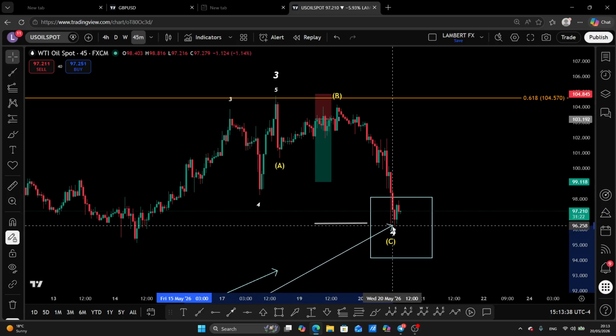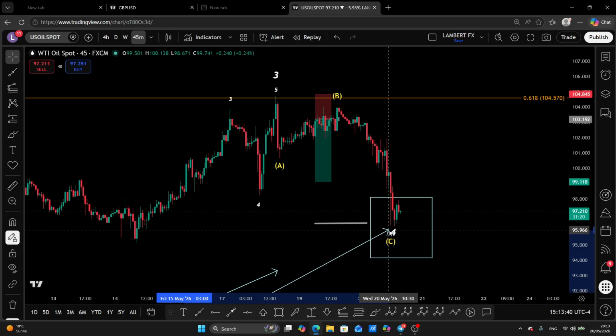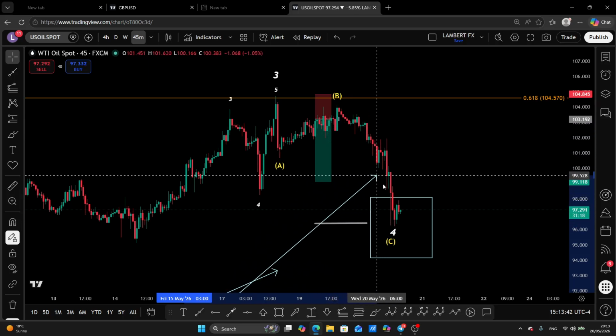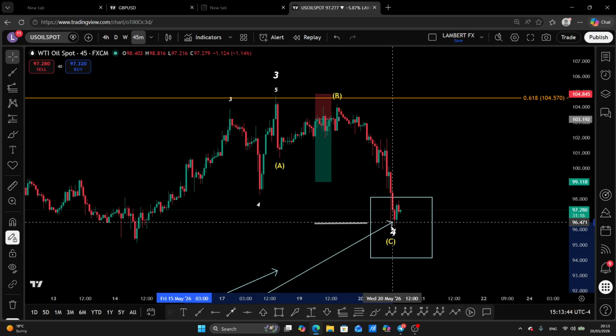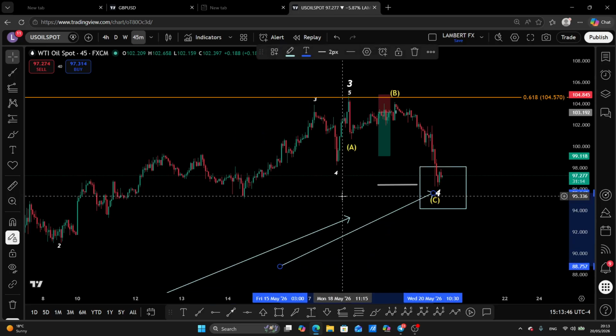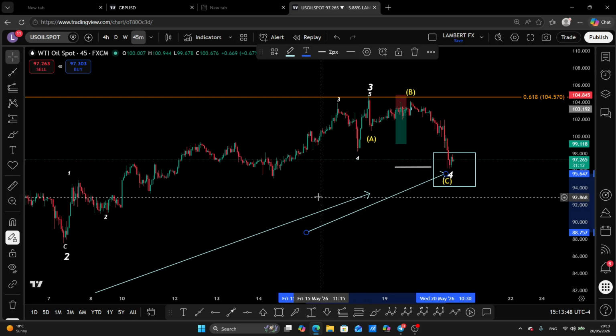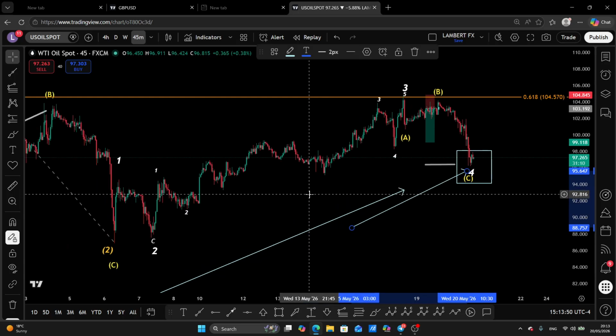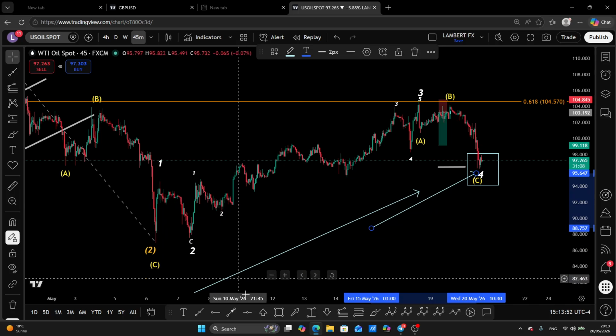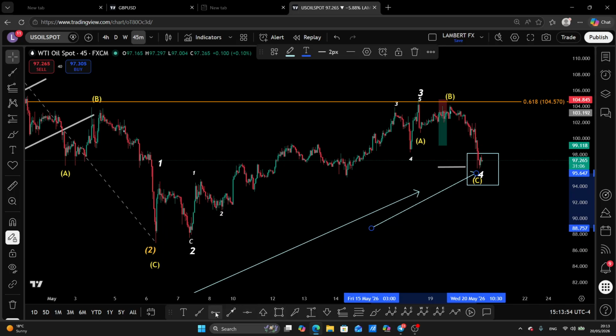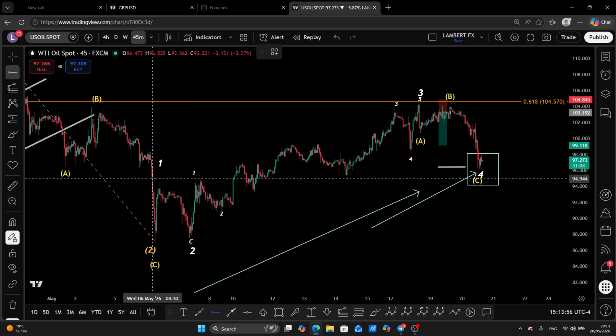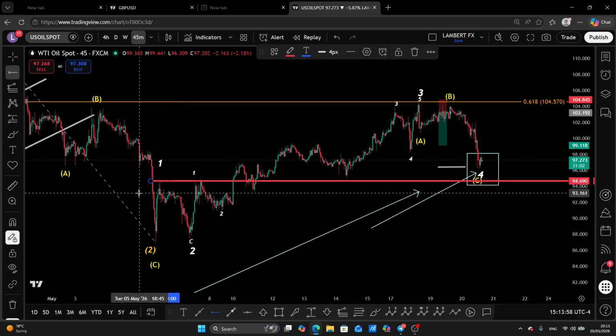One thing that we need to know, according to the rules, is that this leg down for 4 should not trade in the area where the 1 terminated. So basically it should not trade on top or at the territory of 1.